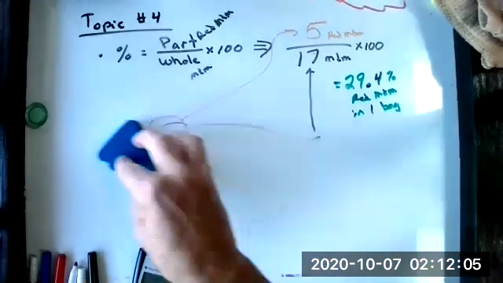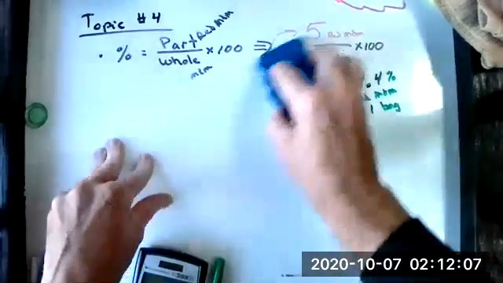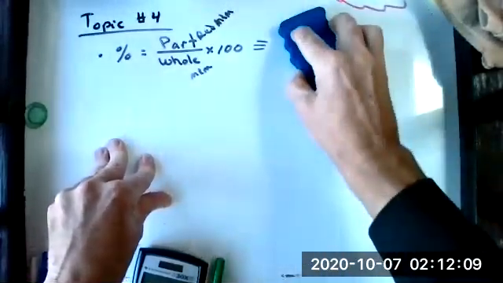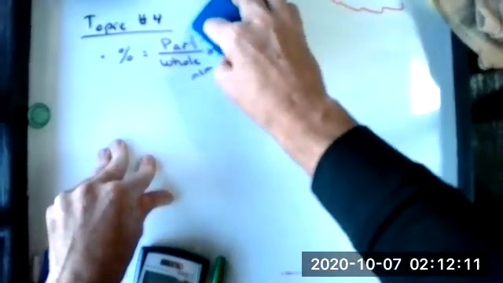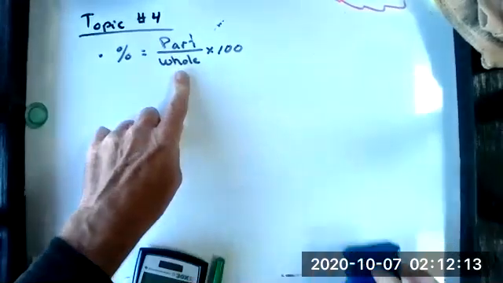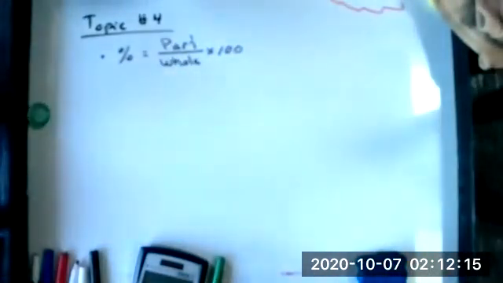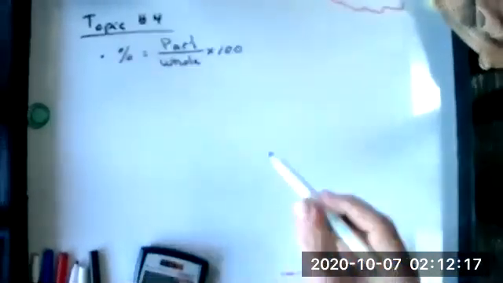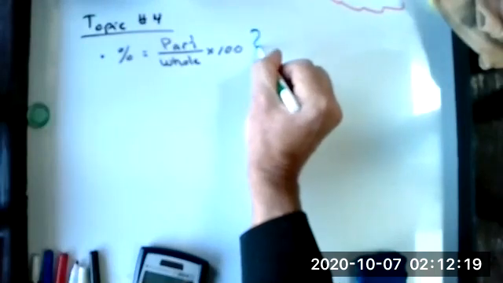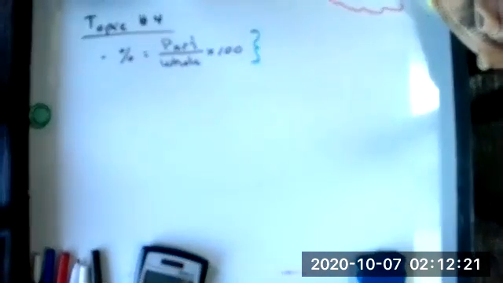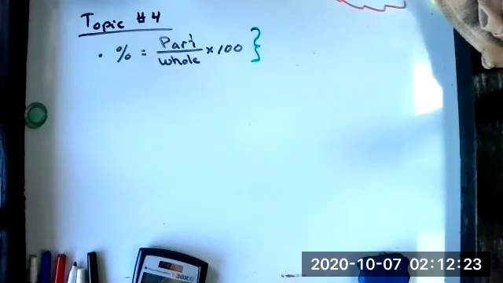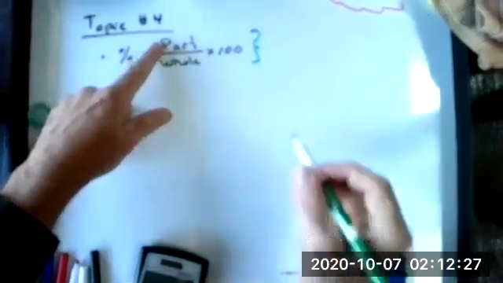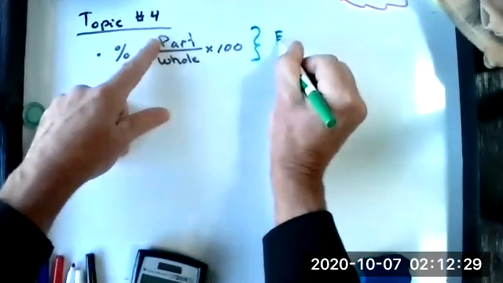Okay, so watch what we're going to do now. We're going to use this general formula for percent, but now we turn it into something more specific based on the course that we're studying, which is chemistry. So now watch what I'm going to do. I'm going to take the part out because I don't want part. I want to be more specific.